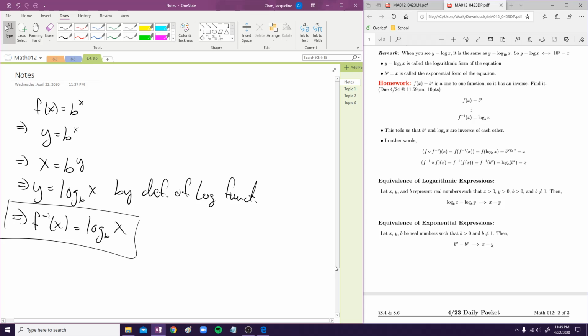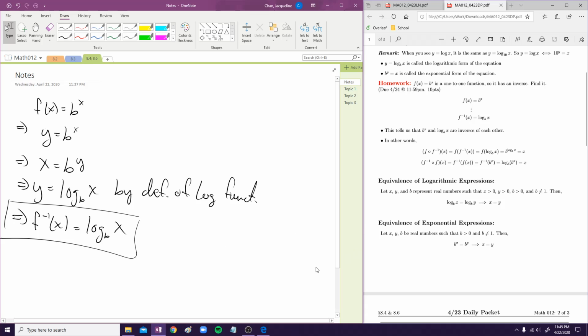The step right before we say equals x uses properties of logarithms that we'll talk about more tomorrow. But just take my word for it right now: because of inverses, we know from yesterday's topic that the composition equals x.